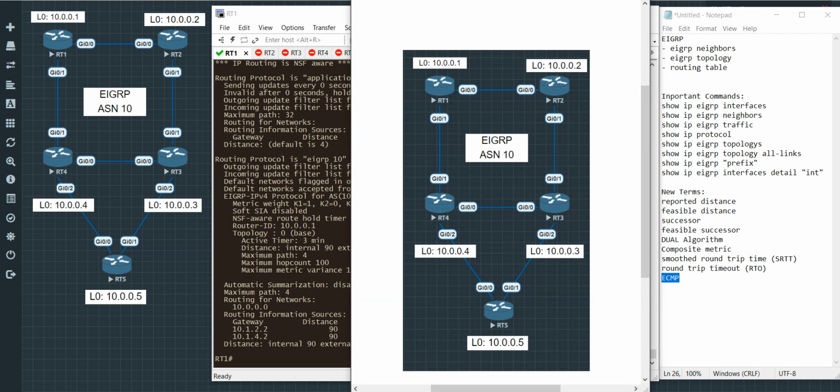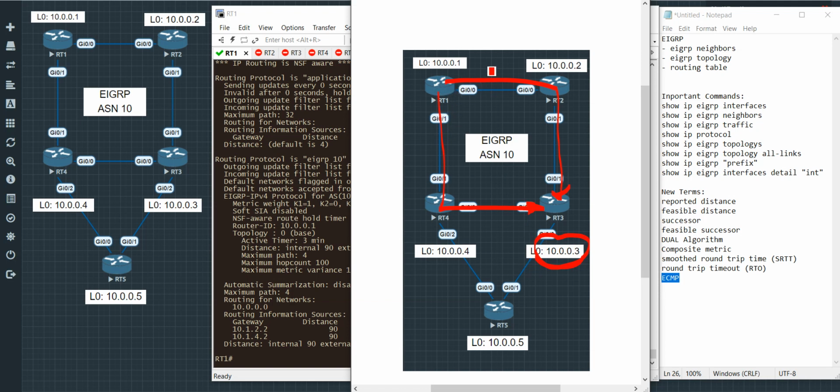To explain equal cost multipath, for example, if router 1 is trying to get to router 3, router 1 can go to router 2 and then down to router 3 to get to this loopback interface. Router 1 can also go to router 4 and down to router 3 to get to the same loopback. So in this case, it has 2 routes.